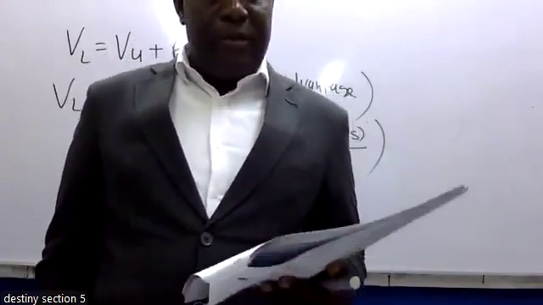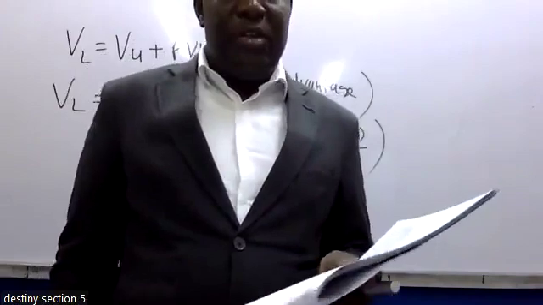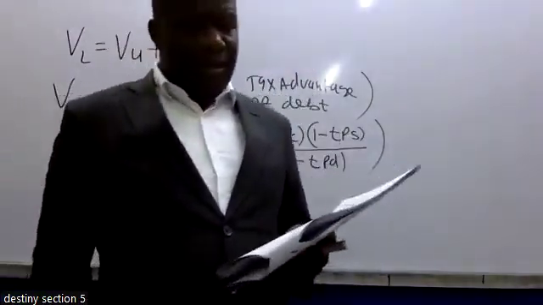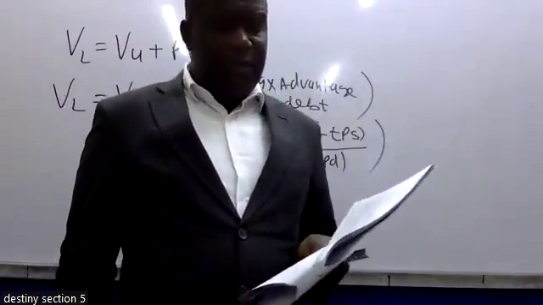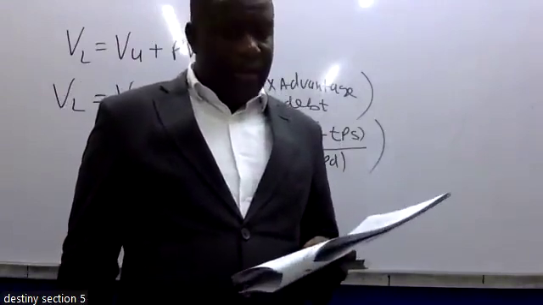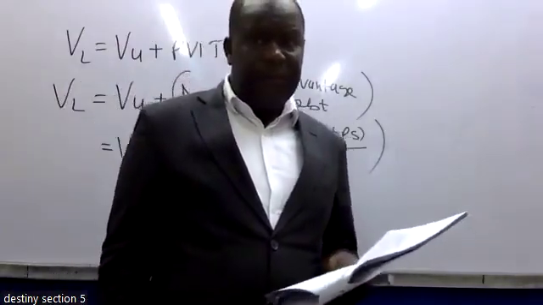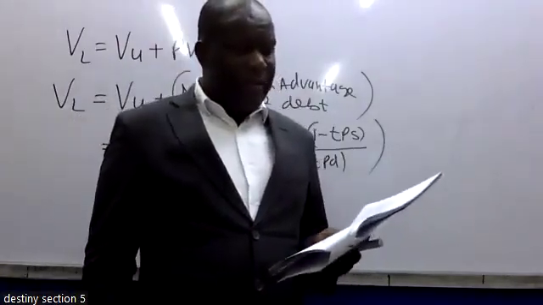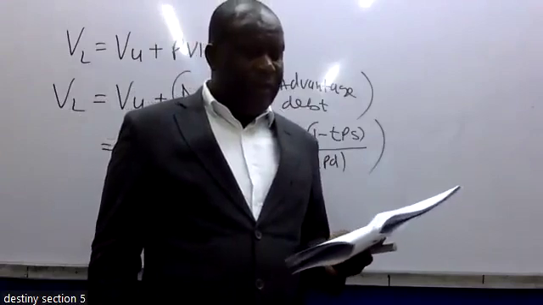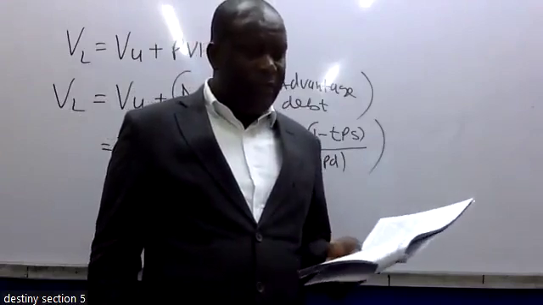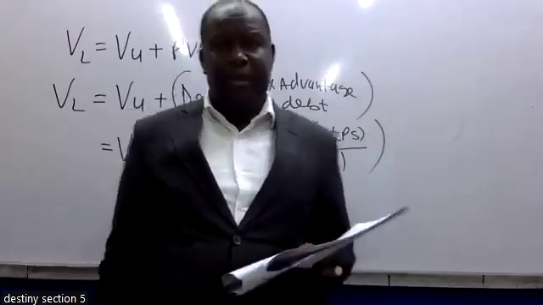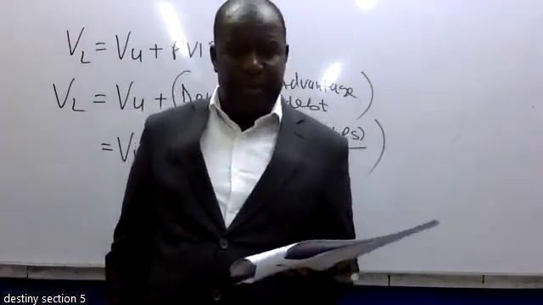Roman letter 1 with no leverage. Roman letter 2 with shillings 4 million in debt. Roman letter 3 with 7 million in debt. Then part C says that with reference to part B above, assume that personal as well as corporate taxes now exist.